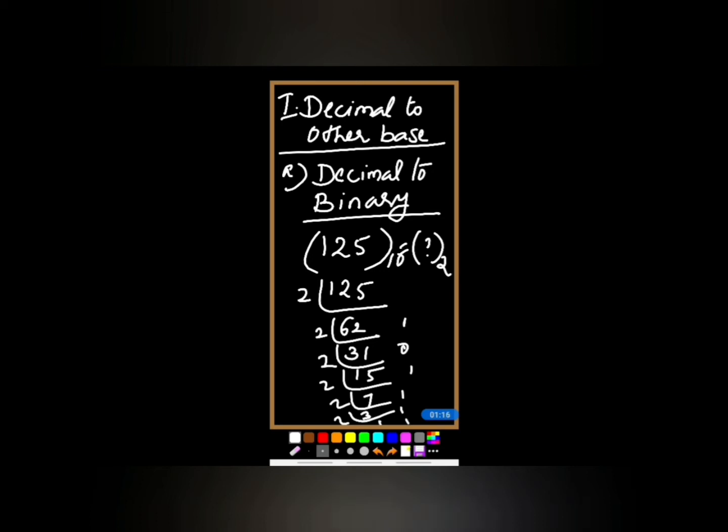Again by 2 we get 0, remainder 1. So what will be the combination? We can write down the answer from bottom to top. So continuously we need to divide by 2, then we can see the result.